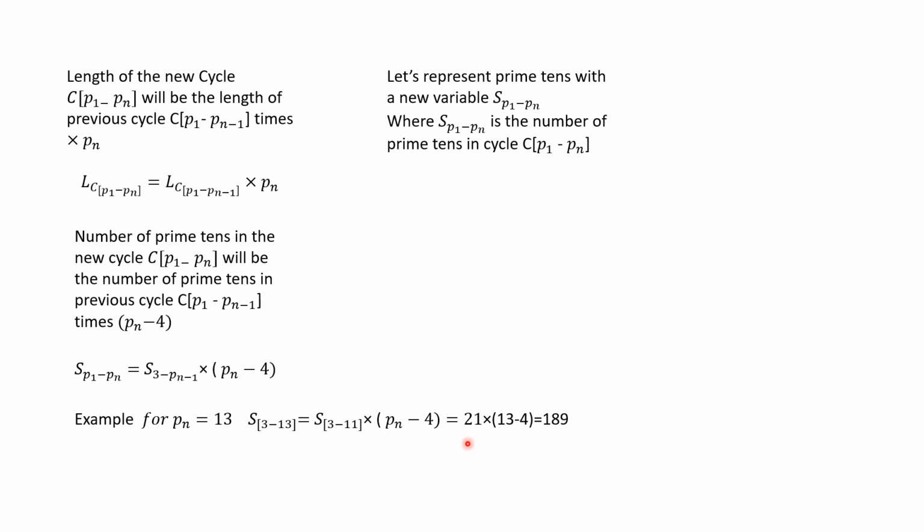We already studied that in the cycle from 3 through 11, we have 21 empty boxes times Pm minus 4. That Pm will be 13 minus 4, and we'll have a total of 189 empty boxes.